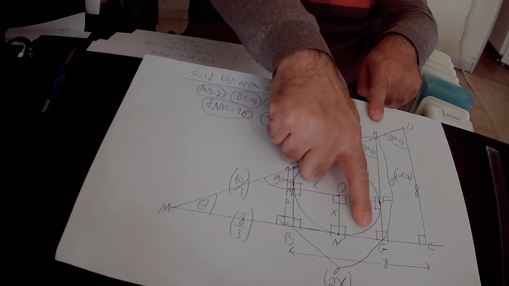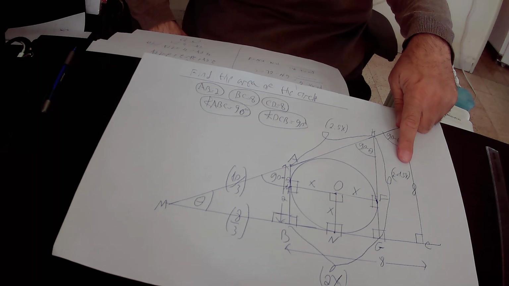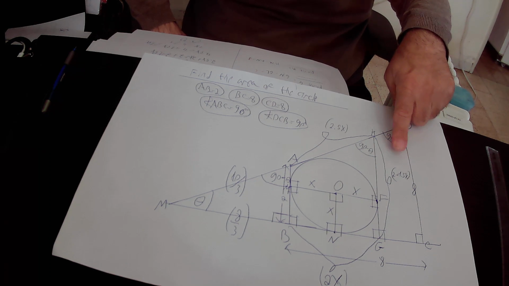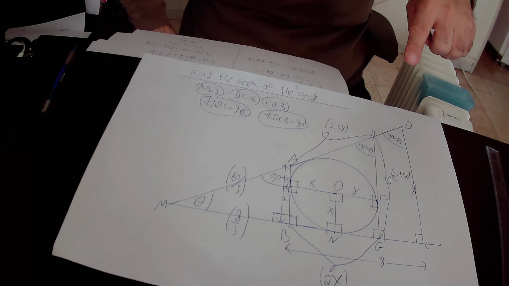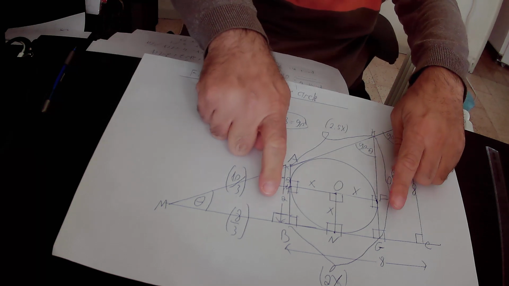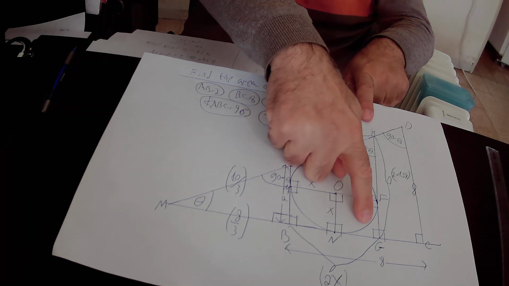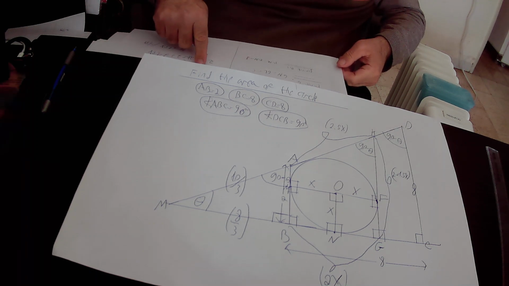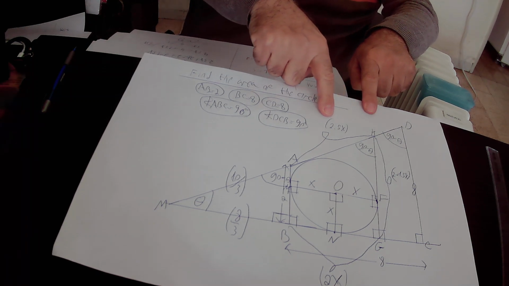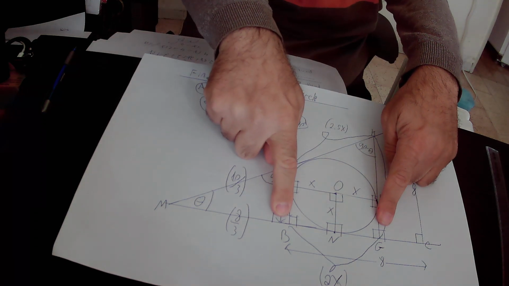BG is equal to 2x, so we substitute BG by 2x.